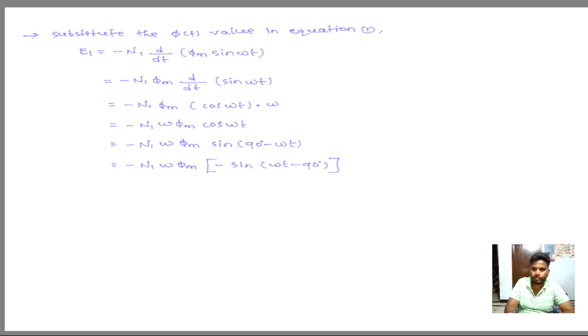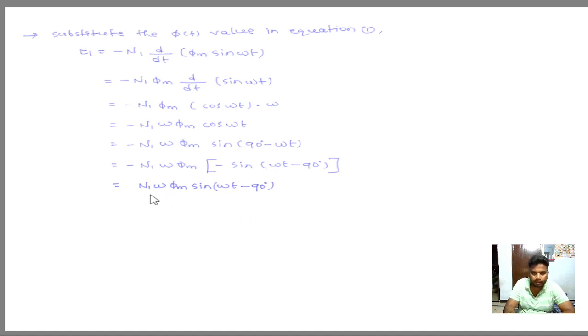And from this, the negative sign becomes positive. Negative into negative becomes positive. Therefore, N1 omega phi m sine of omega t minus 90 degrees.